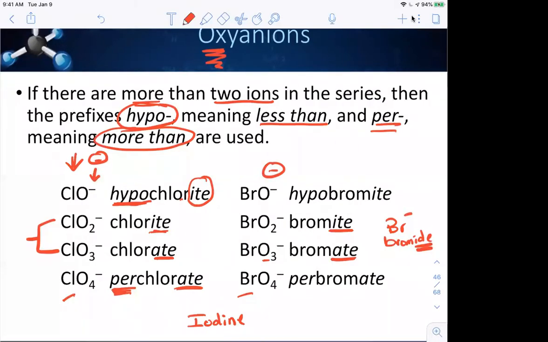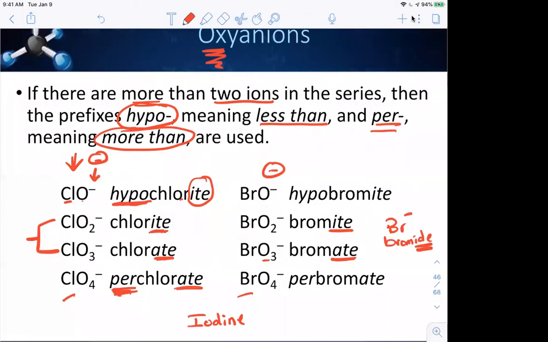So you can remember this series by writing the halogen O, halogen O2, halogen O3, halogen O4. They're all -1, minus, minus, minus, minus. The 2 in the middle is the regular ite and ate. The one that has the fewest is hypochlorite, 1 less than the ite.